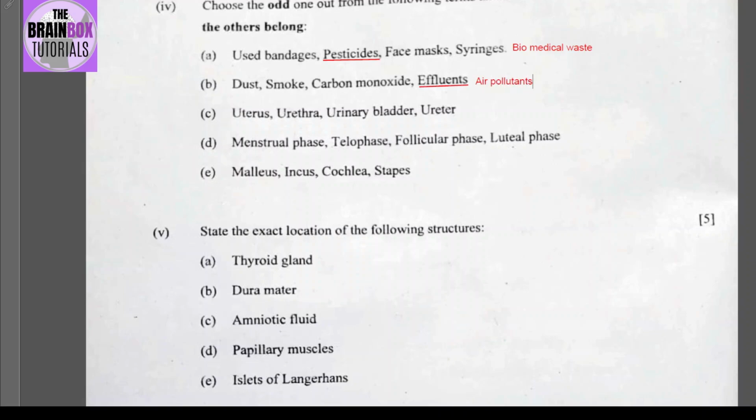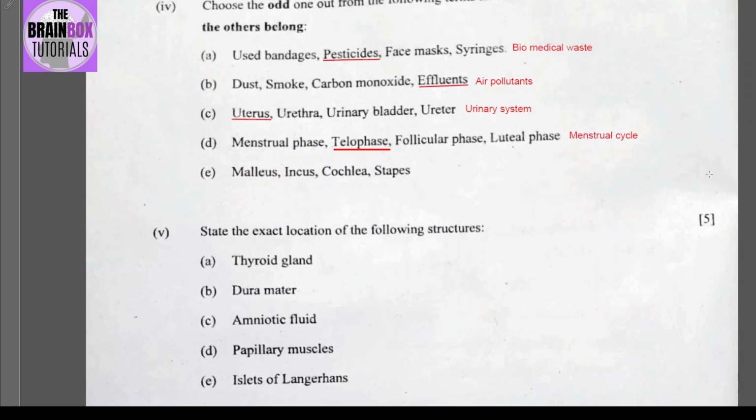Now number C, uterus, urethra, urinary bladder and ureter. The odd one is uterus, and the category to which others belong is urinary system. Now number D, menstrual phase, telophase, follicular phase, luteal phase, and the odd one is telophase, and the category of others will be menstrual cycle.